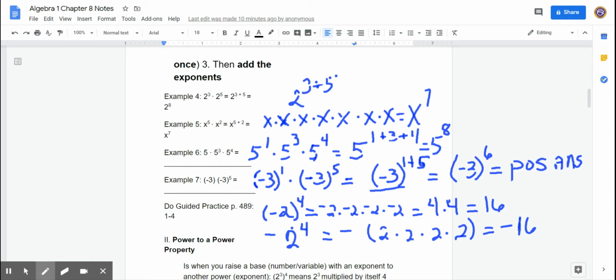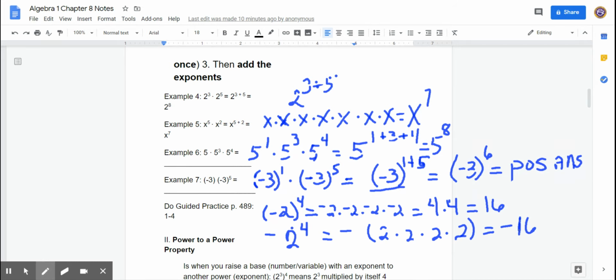If the negative is in parentheses, that means the base is the -2. If the negative sign is not in parentheses, then the base is simply the number, which in this example is 2. So you multiply the base times itself as many times as the exponent tells you, and then you take its opposite.